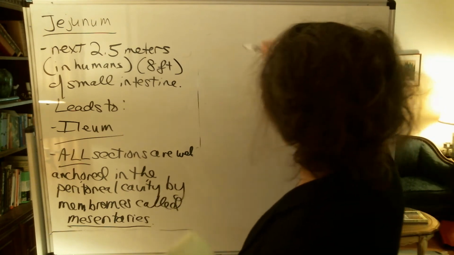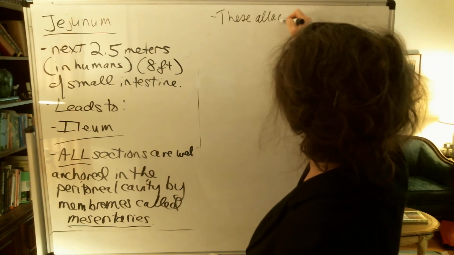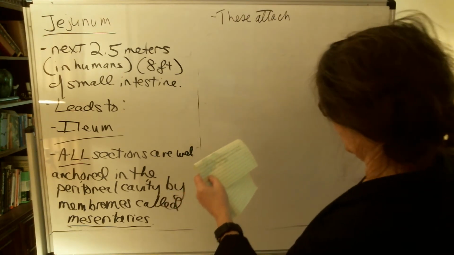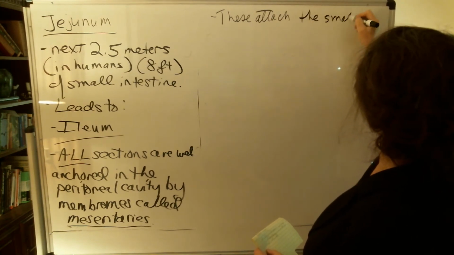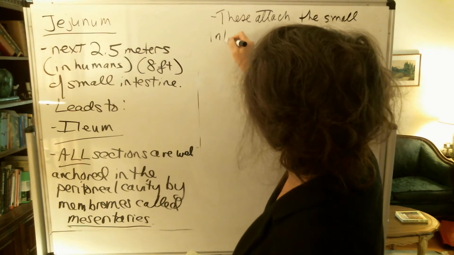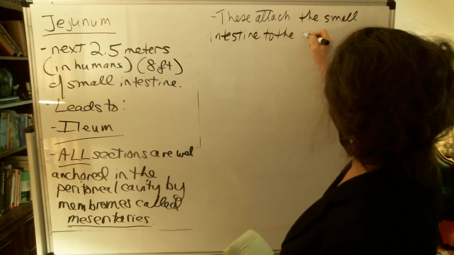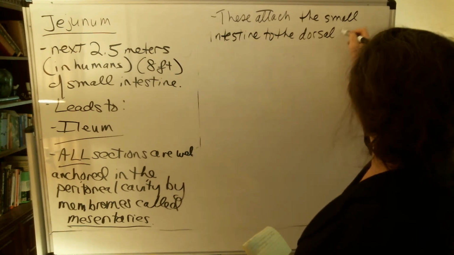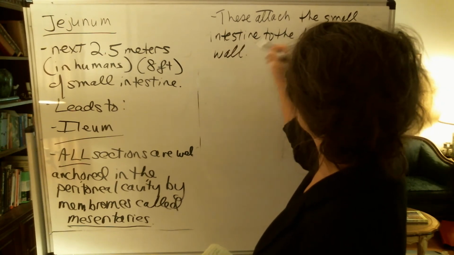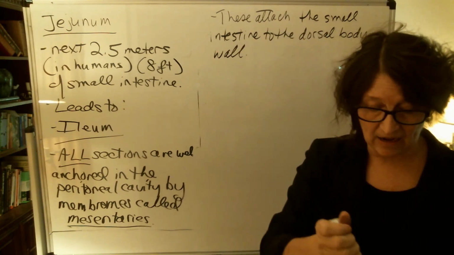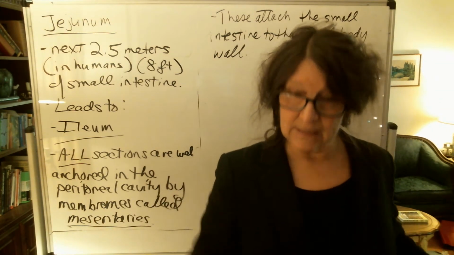And what they do is that these then attach the small intestine to the dorsal body wall. Now you remember that dorsal means towards the back. So what this is saying is that you have all of these guts.